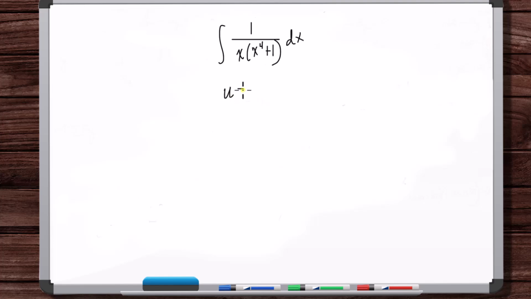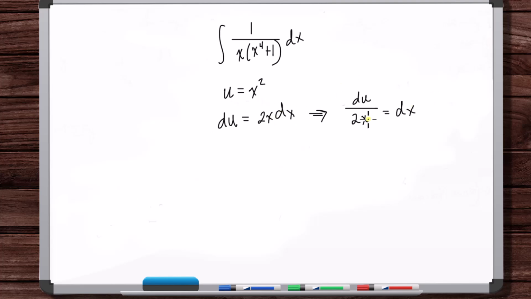So if we said that u is equal to x squared, then du is 2x dx, and we're going to go ahead and solve for just dx. So du over 2x is equal to dx.